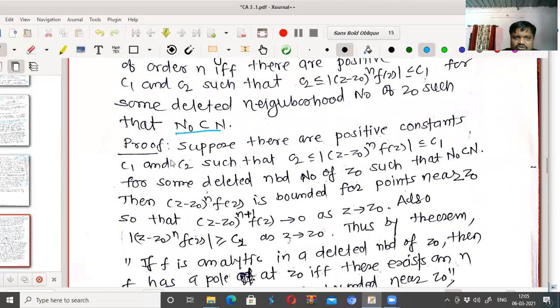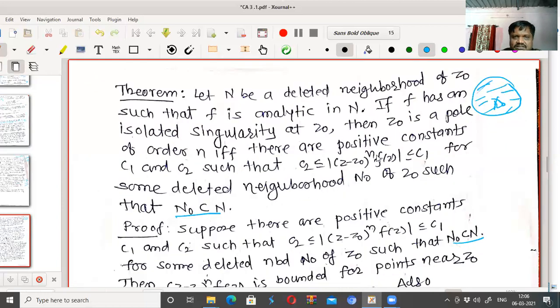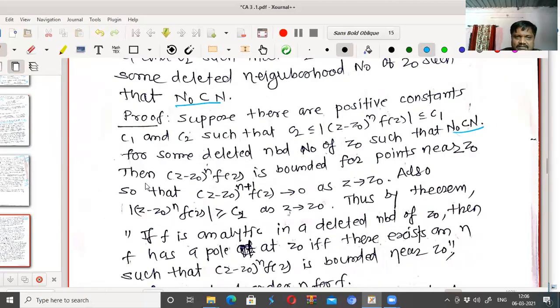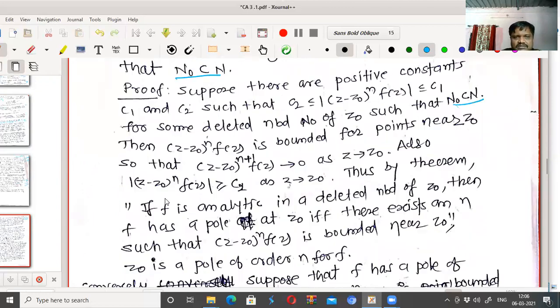Suppose there are positive constants c1 and c2 satisfying this condition for some deleted neighborhood n0 of z0 such that n0 is contained in n. Now we want to show that z0 is a pole of order n. Then (z minus z0) to the power n times f of z is bounded. It lies between these two numbers, which means it is bounded for points near z0.